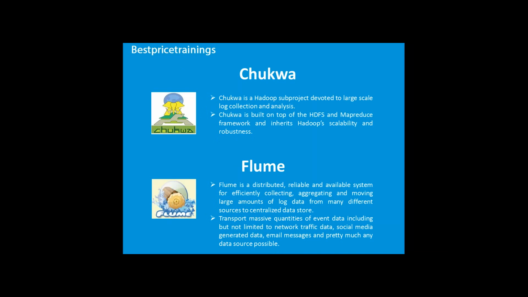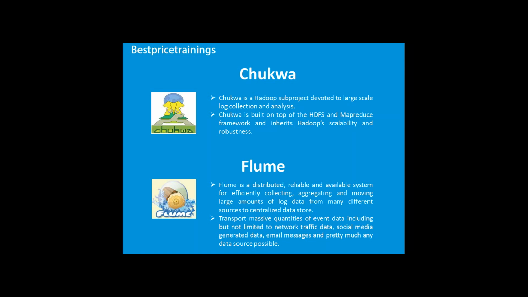Moving forward, Chukwa and Flume. So guys, as I have just explained in a previous slide, you can migrate data from external databases like Oracle or SQL Server to your Hadoop environment.